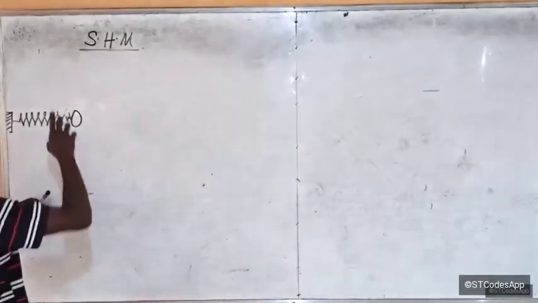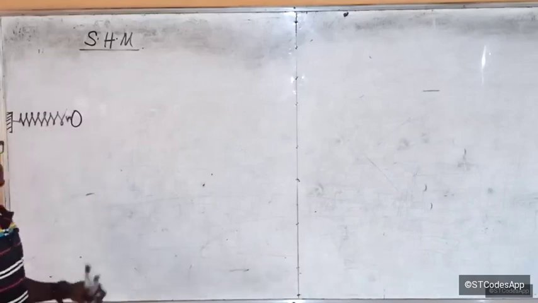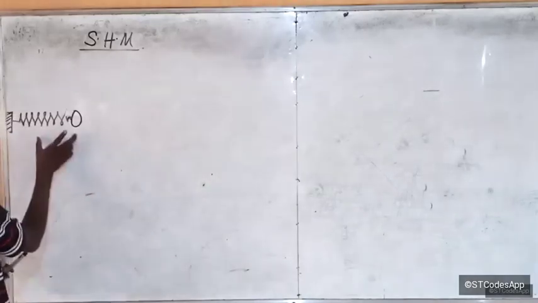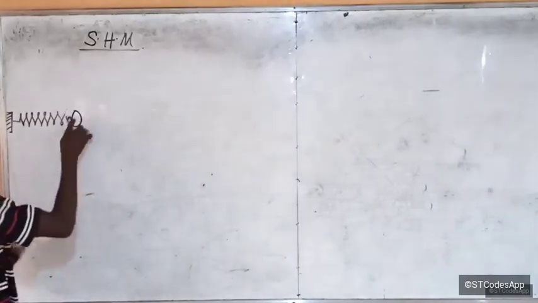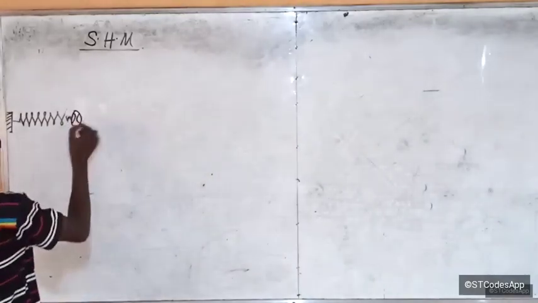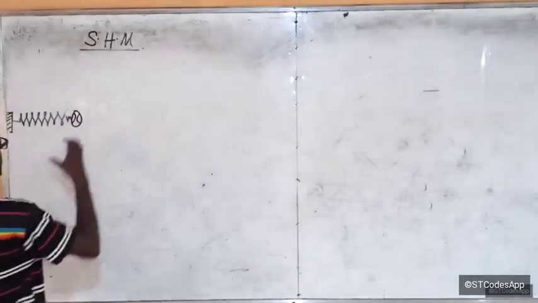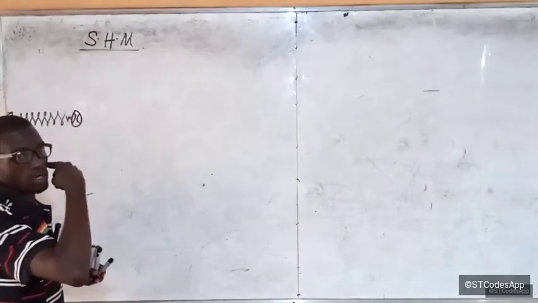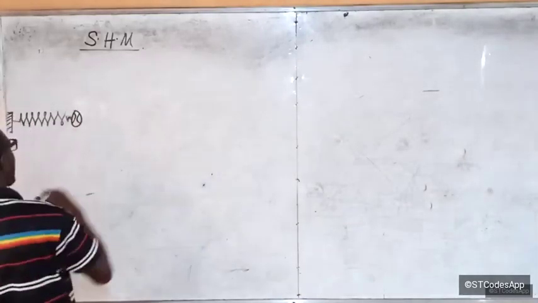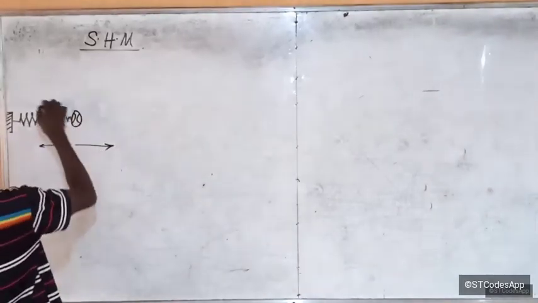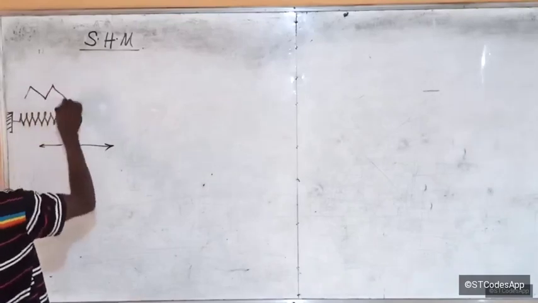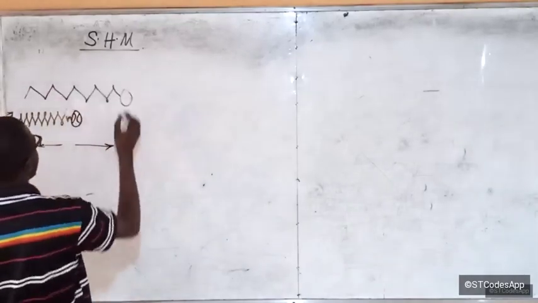All right. But in this place, what we notice is this. We often talk about simple harmonic motion with respect to the motion of this ball attached to this spring. If I displace this ball a little, what you are going to notice is a back and forth motion, so that you see the spring go like this.